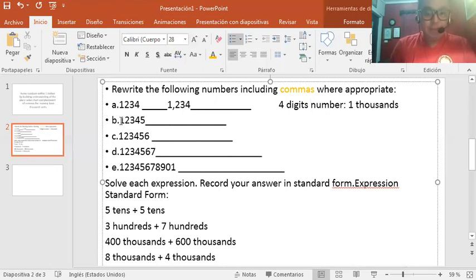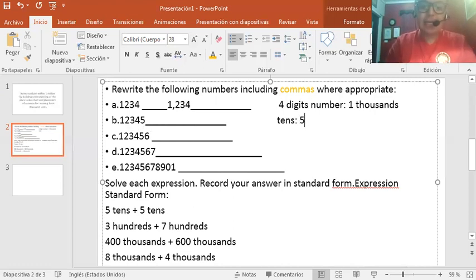Here I have 12,000. We are up to 10,000. So when we are talking about tens of thousands, as we know, how many numbers does it have? 1, 2, 3, 4, 5.